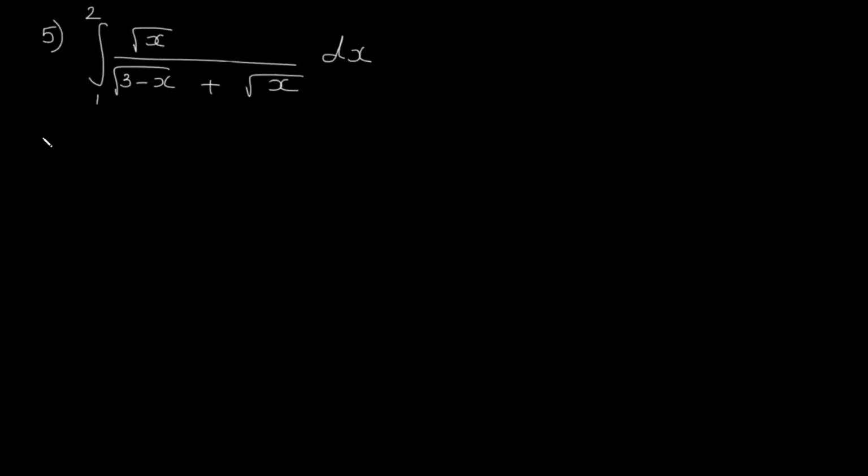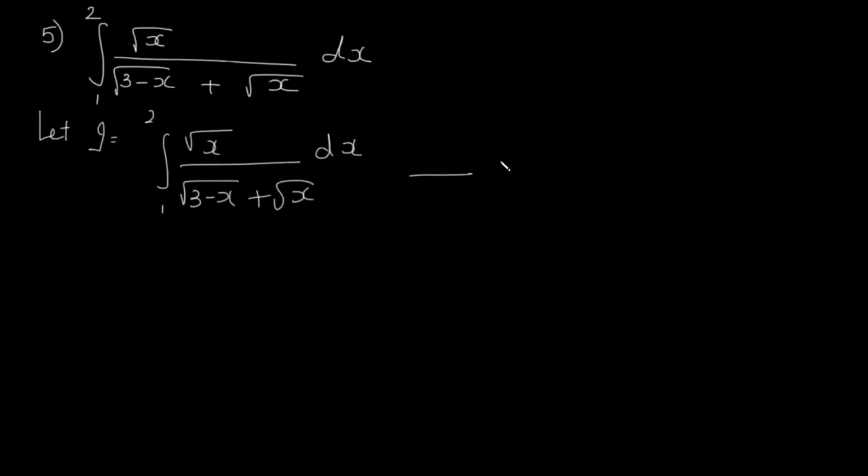Let I be equal to the given question, that is the integral from 1 to 2 of root x upon root of 3 minus x plus root x. And we number it as the first statement.